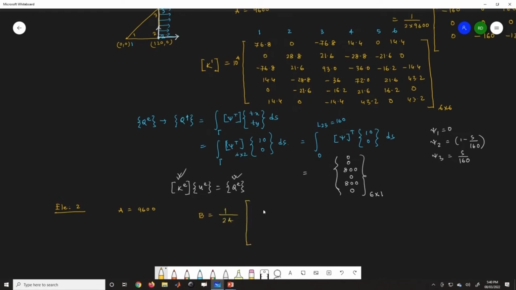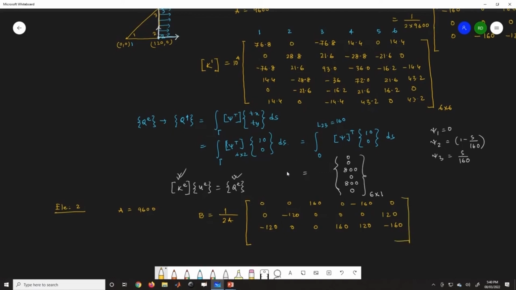Now this is 0, 0, 160, then you have 0, minus 160, then 0, 0, minus 120, then you have 0, 0, 0, 0, 120, then minus 120, then 0, 0, 160, then 120, then minus 160. So this is my B matrix.